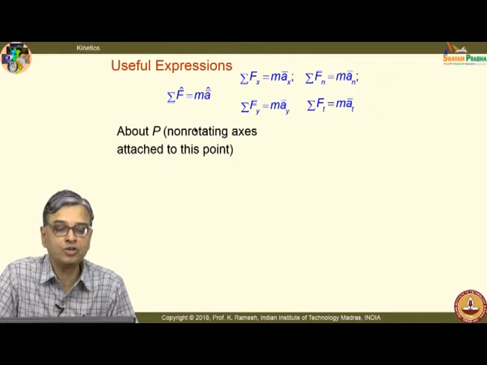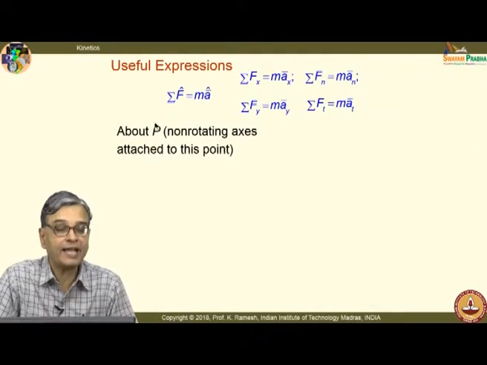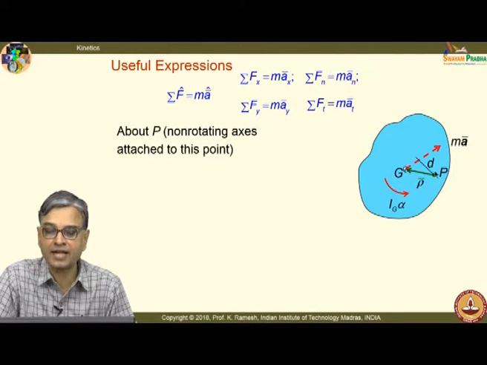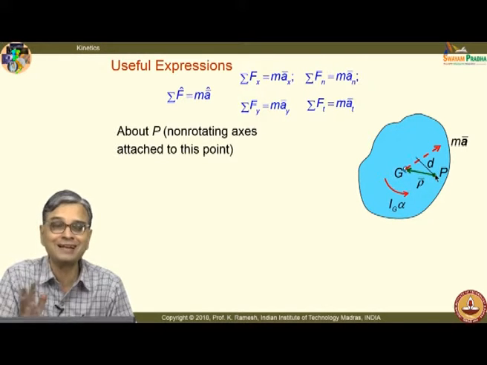And we have also looked at, in the case of statics, what you learned, I can take moment about any point on the object or outside the object. So, you also need to have a via media. We have actually looked at it from the angular momentum route and also developed the equation about any point P. If I go back to that expression, I have a point P on the object now, and you must recognize that point P is not static, it is having an acceleration.